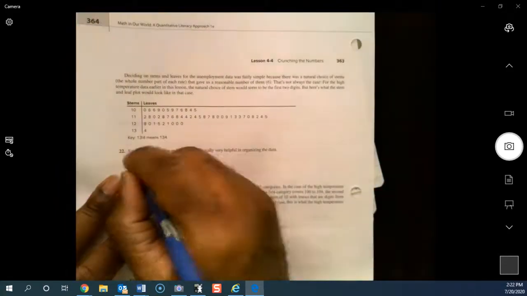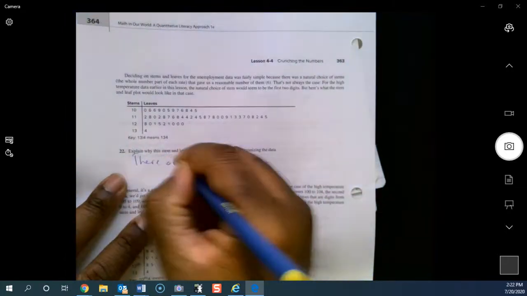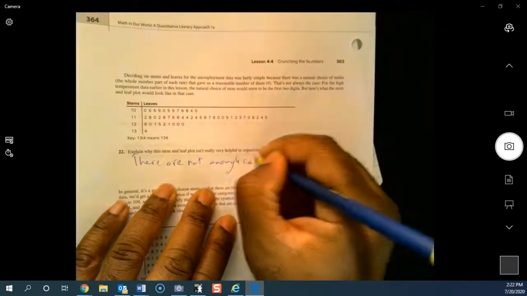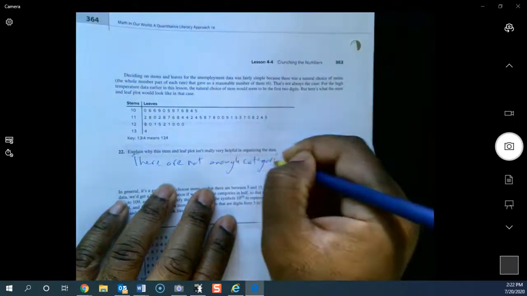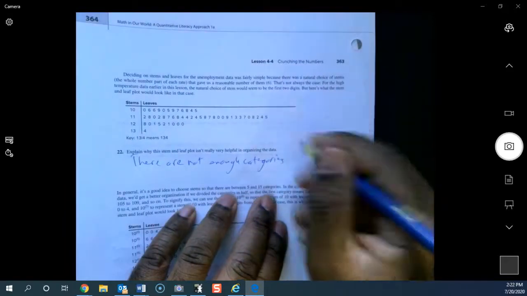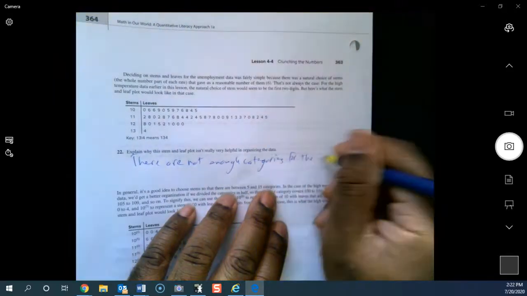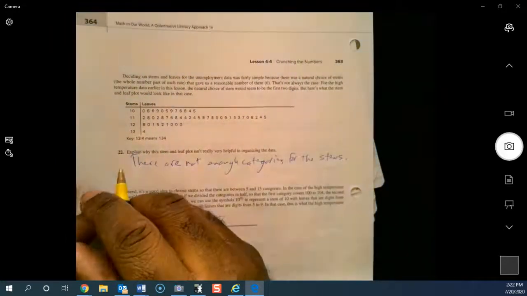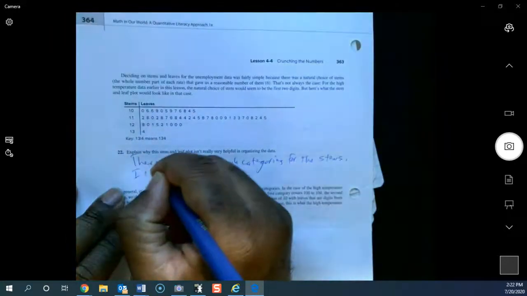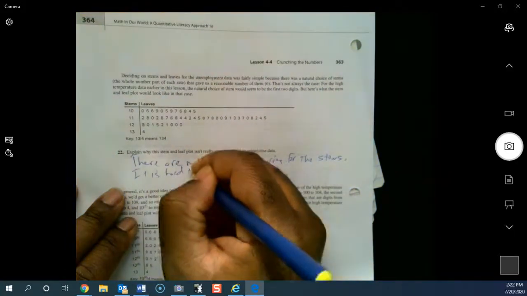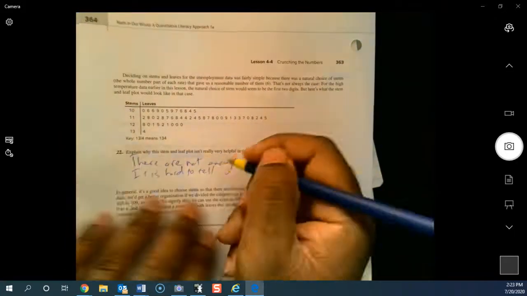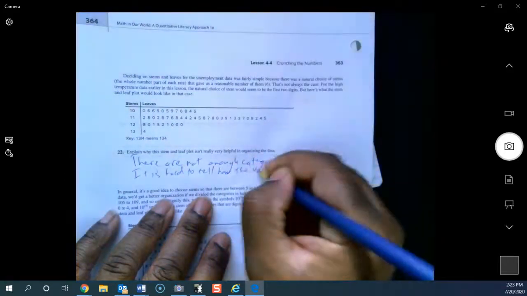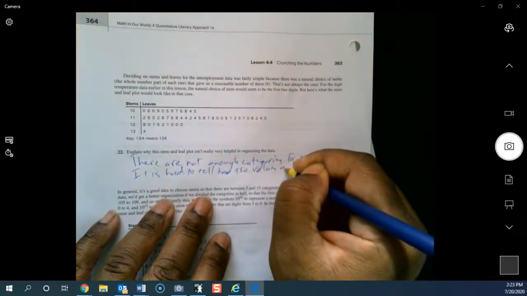First of all, there are not enough categories for the stems. It is hard to tell how the values are distributed.